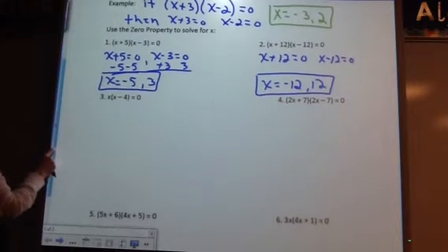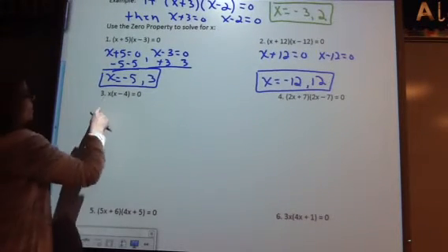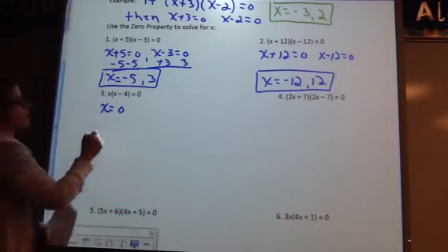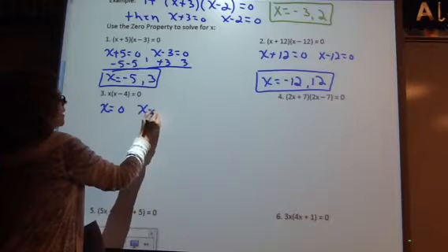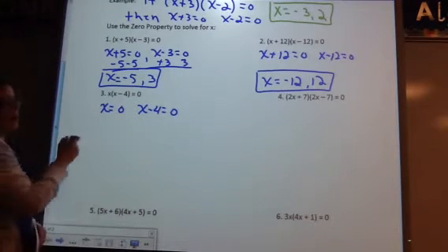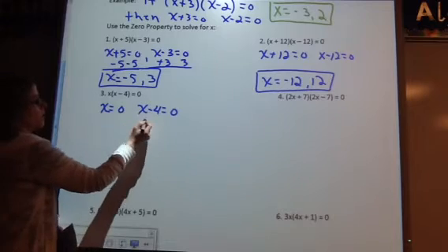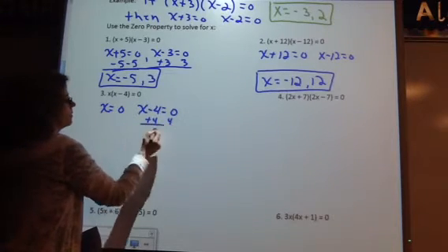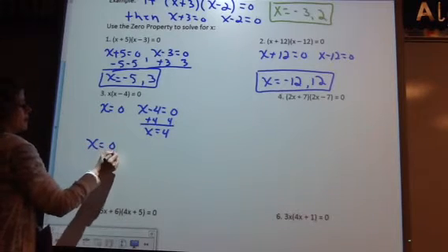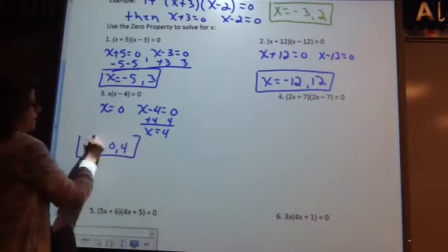Okay, now on 3, we just have a term and a binomial, but you do the same thing. You set x equal to 0, and you set x minus 4 equal to 0. But this one's already simplified. You're trying to isolate your variable x. On this one, you want to add 4 to both sides. So your solution is 0 and 4.